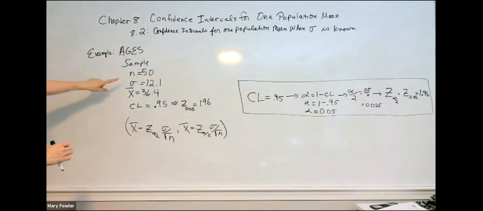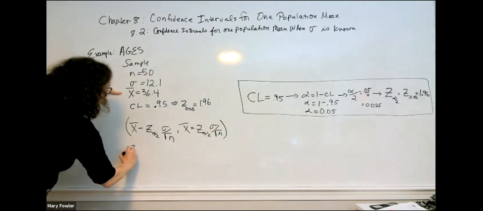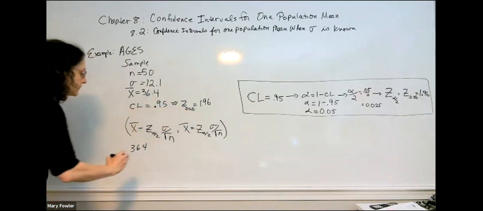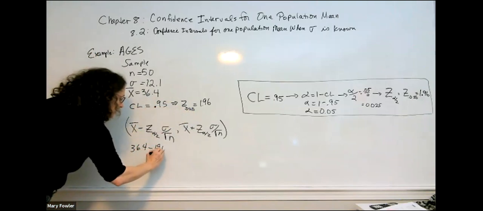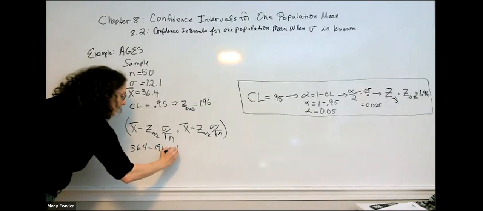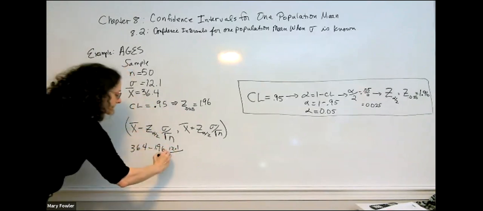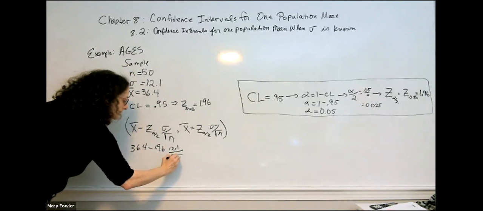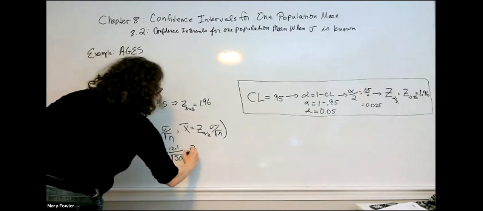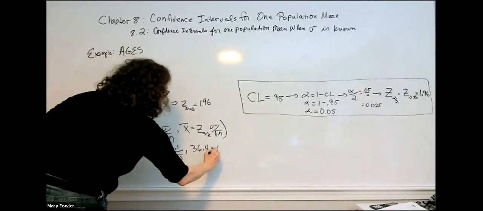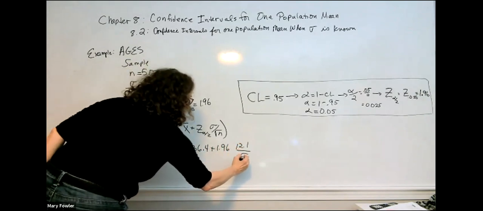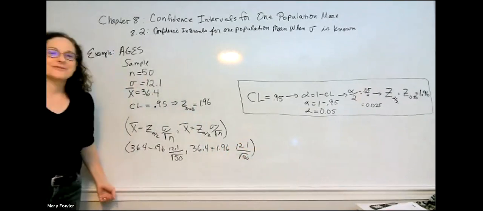So substituting in, x bar is 36.4, z sub alpha over 2 is 1.96, sigma is 12.1, and the sample size was 50. 36.4 plus 1.96 times 12.1 over the square root of 50.